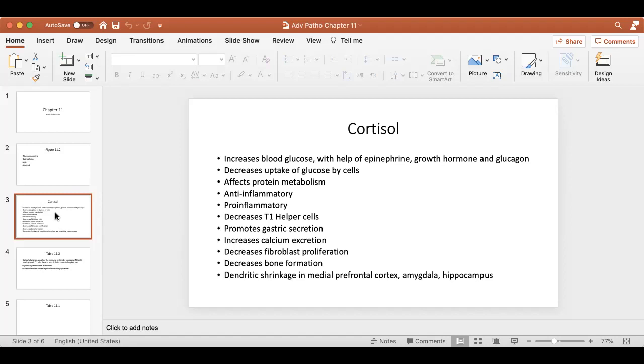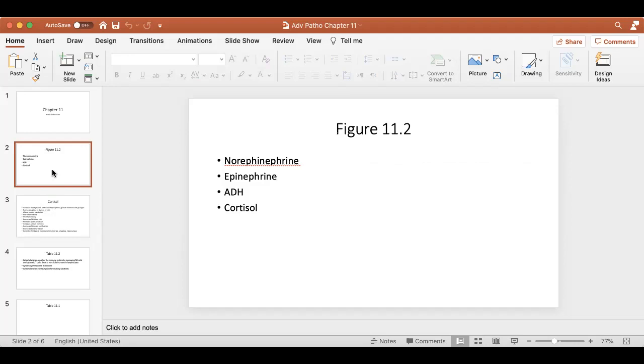If you look at, let's see, I believe it's table 11.3, this also goes into further detail of the effects of cortisol. So you can review that as well.